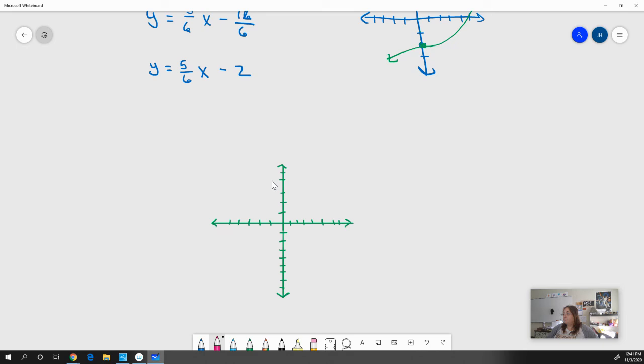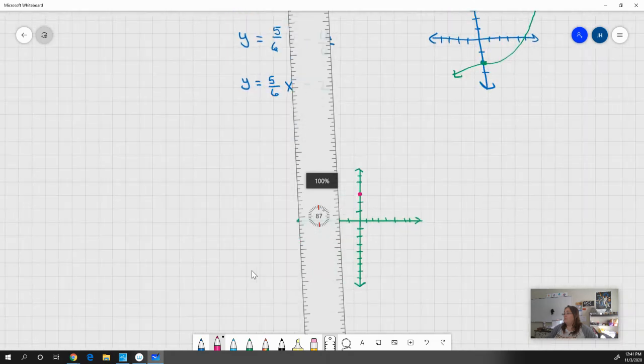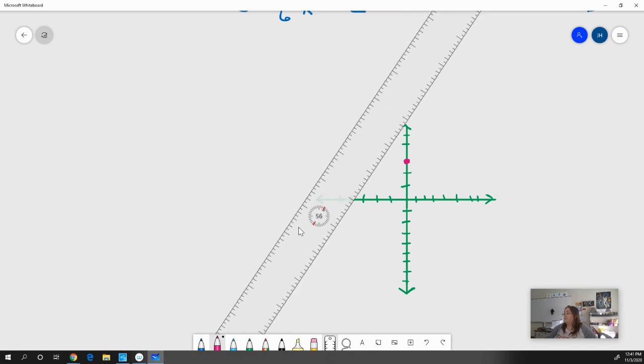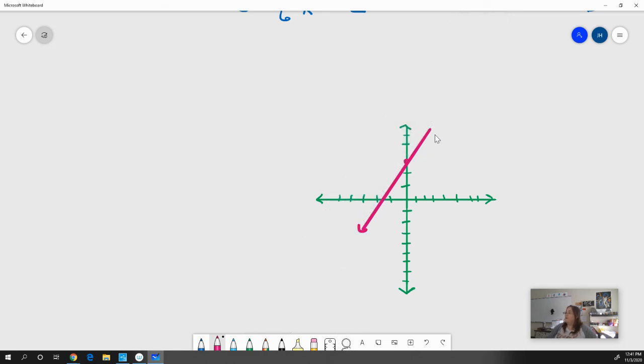So say I have a graph and I have a point here, and let's just draw a line somewhere. Oh, I wanted to make it big. All right, so I got a point. What I know about this is that I have a point at 3 on the y-axis, so I know I have a y-intercept of 3.